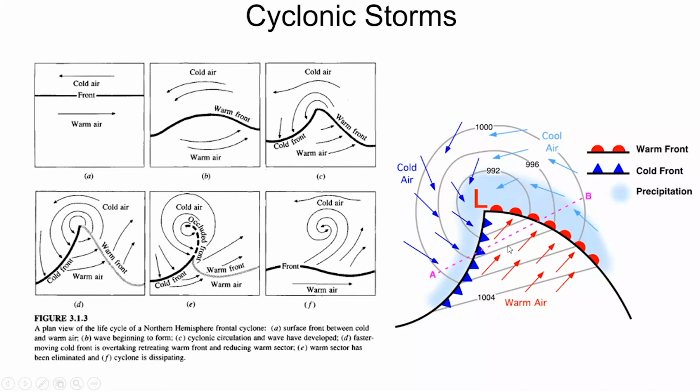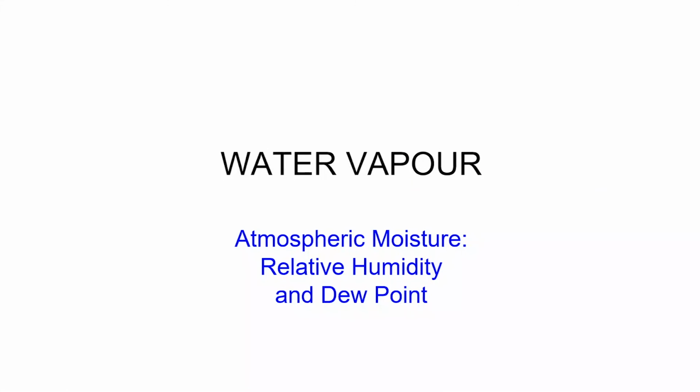So here in this figure, it clearly shows this is the warm front and this is the cold front. You can see the pressures. These are pressure contours. Okay, the pressure is low at the center of this circle, and the pressures are higher away from the eye of this cyclone. So this is all about atmospheric circulation.